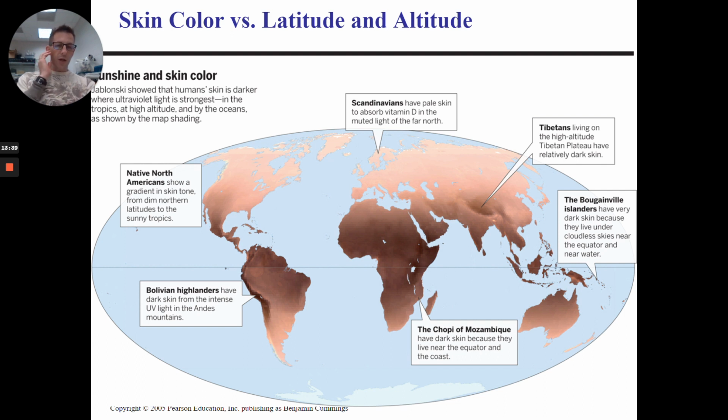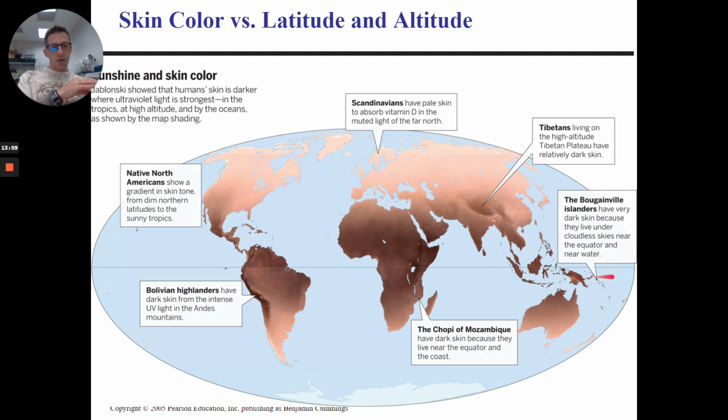So if you look at where we see the equator, that is where the Earth gets the most sunlight, and the color grades on the continents here illustrate how dark the skin color is of the people who live there.